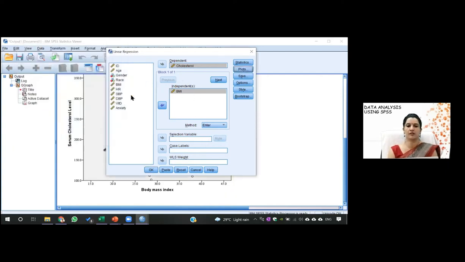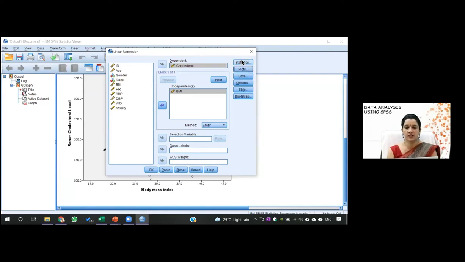So first, if you click on linear regression, this window will appear. Dependent is cholesterol and independent is BMI. Now I have to use these two options, statistics and plot.